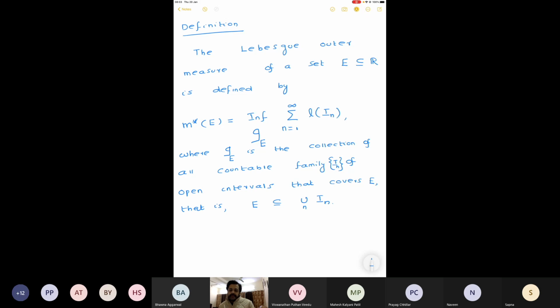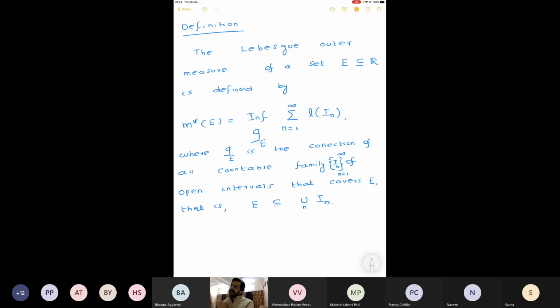Let me stress that one member of the family IE would be one countable collection of intervals, In. Another member would be another countable collection of intervals, let us say Jm, that covers E, and so on. Please don't think In is one particular member of IE. No, the collection In, n varies from 1 to infinity, is one particular member of IE.